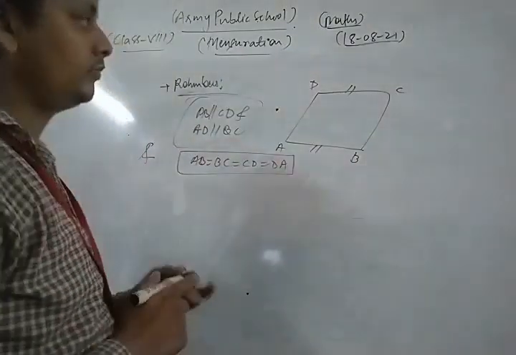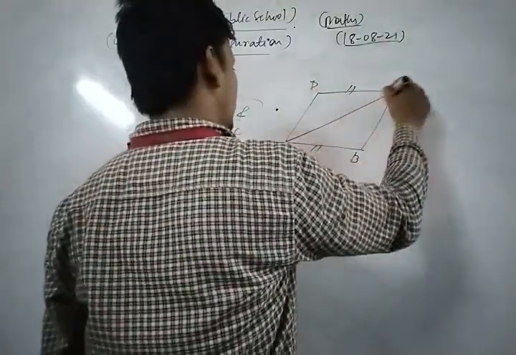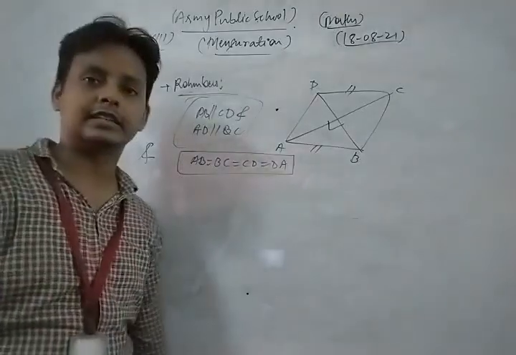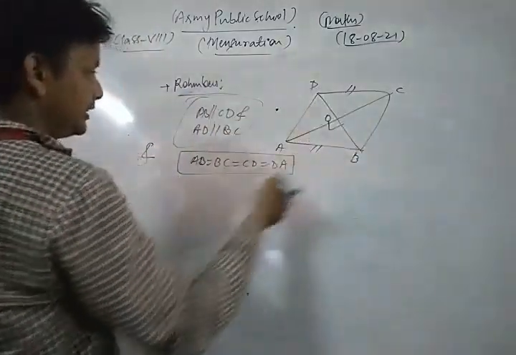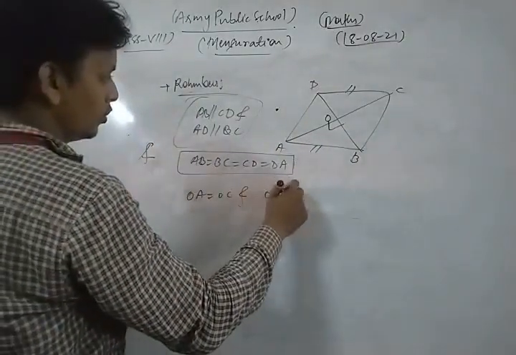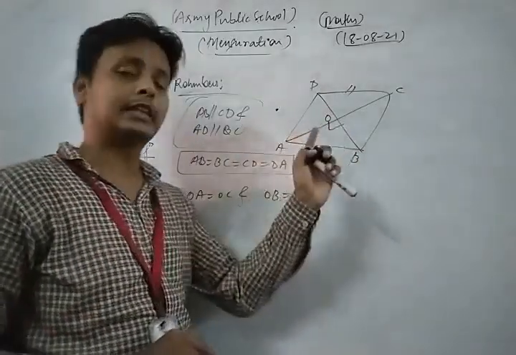And one very important thing is that the diagonals of the rhombus intersect each other at right angle. They bisect each other, meaning OA is equal to OC as well as OB is equal to OD, and the diagonals bisect each other at right angle.